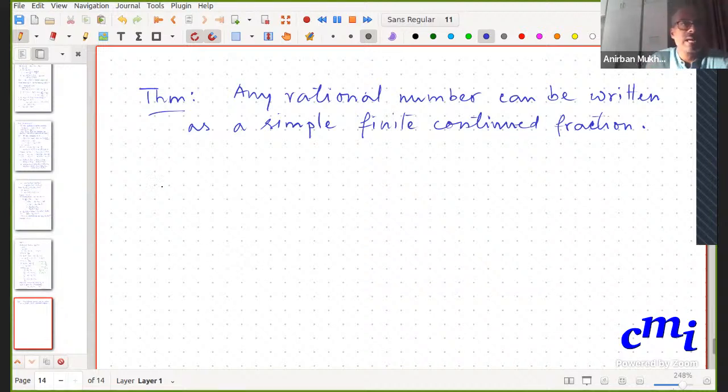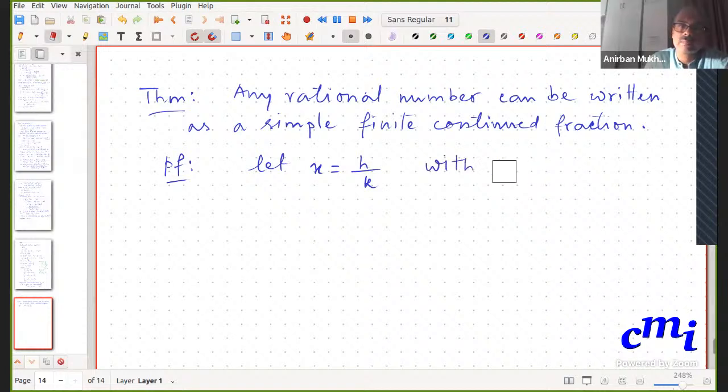So let's see a quick proof. Start with a rational number. Let x be h over k, with k, the denominator, greater than 1.